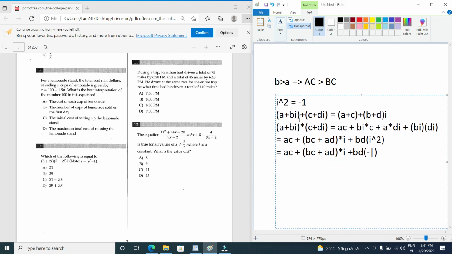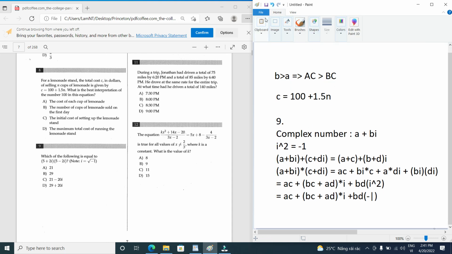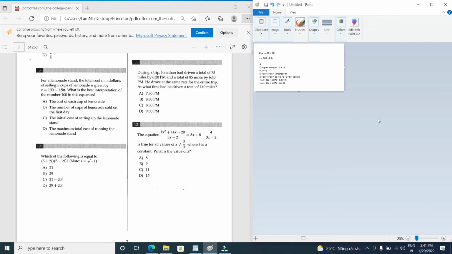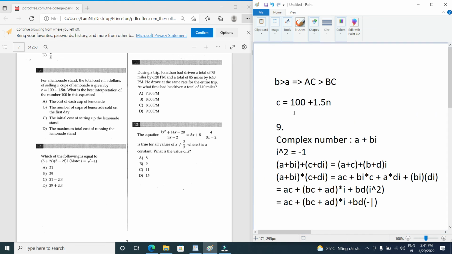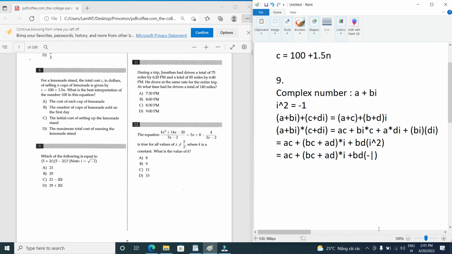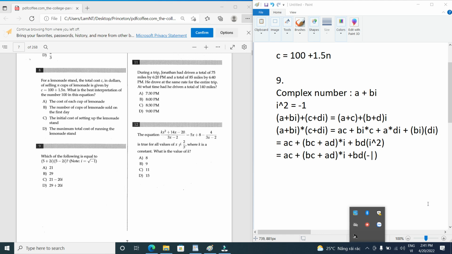All right, so let's keep going. For this next part, we're going to apply this formula to the actual calculation itself.